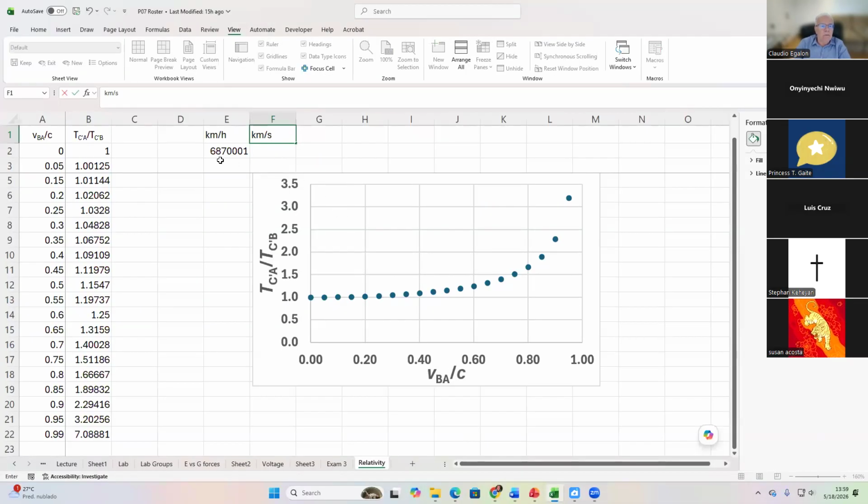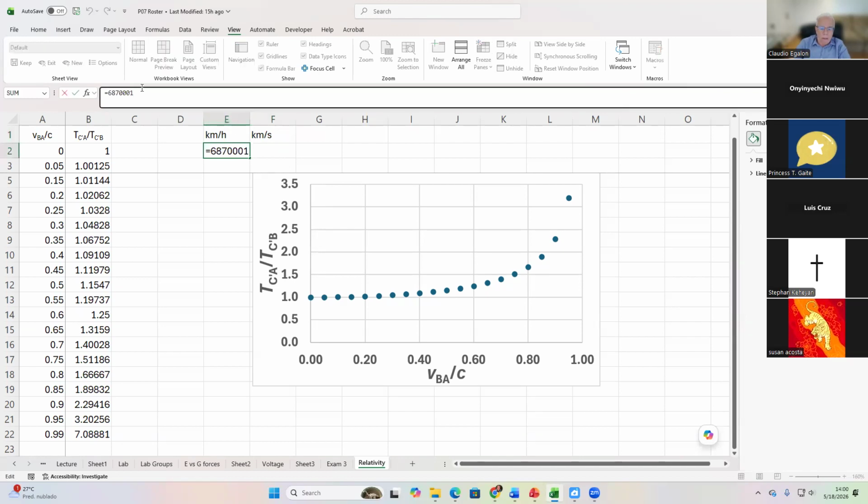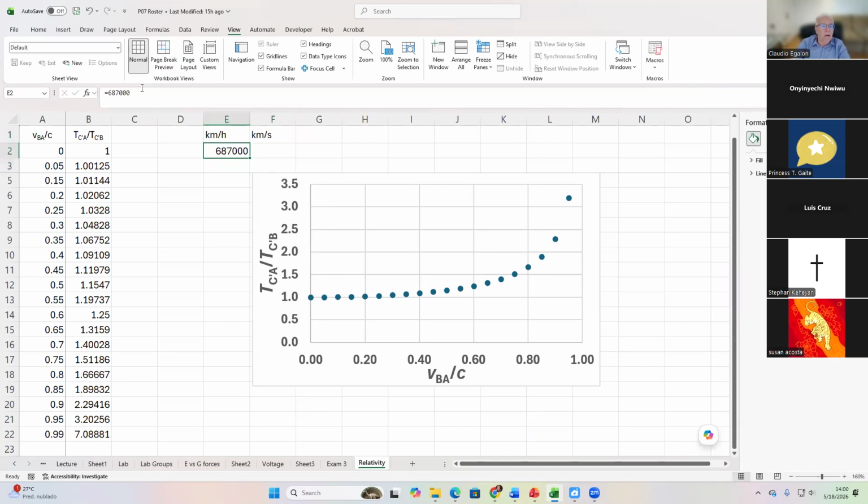What I have to do is divide this value by 3,600. This one divided by 3,600 gives 190 kilometers per second.